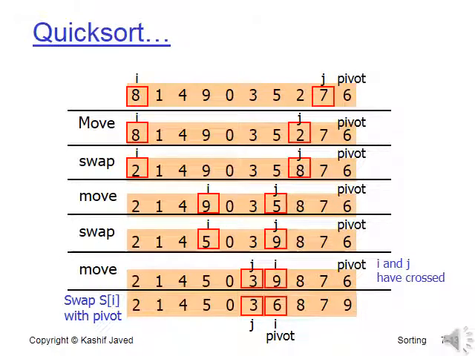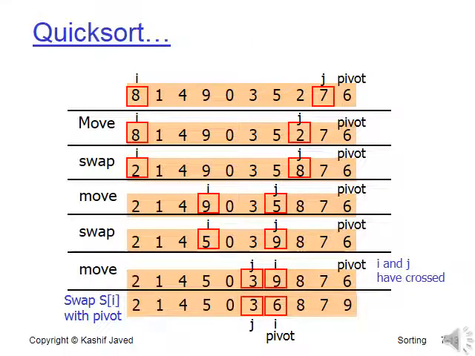Inside the while loop, index i will iterate over elements from left to right and search for an element that is greater than the pivot. Index j will iterate over the elements from right to left and search for an element that is less than the pivot.